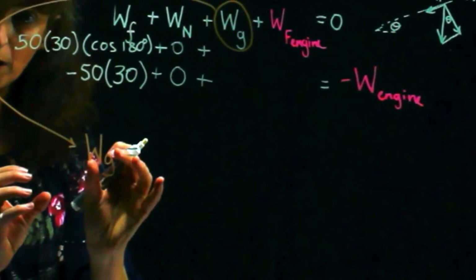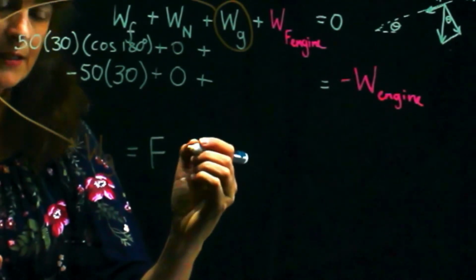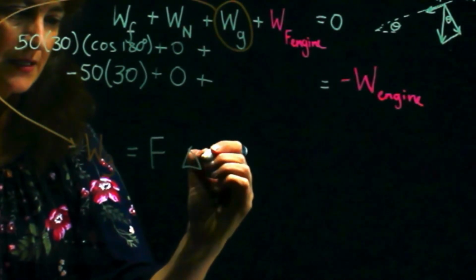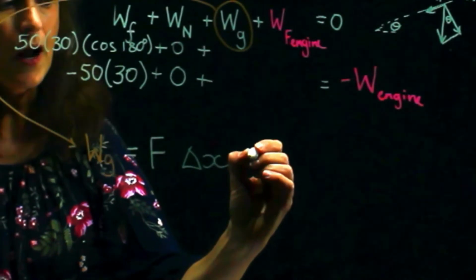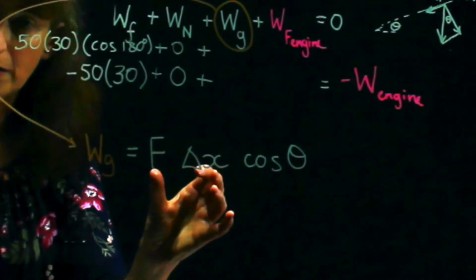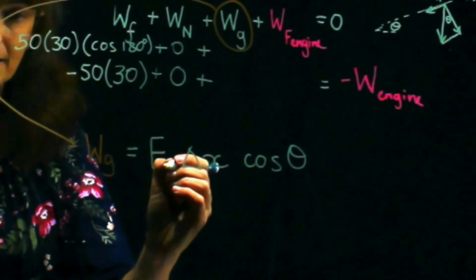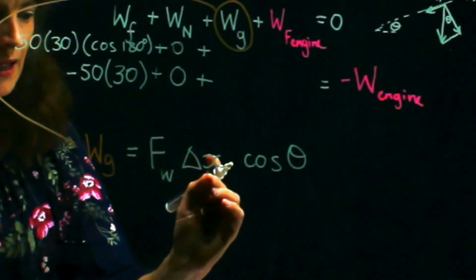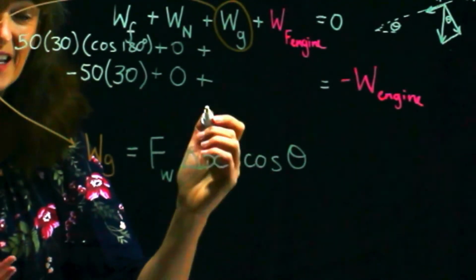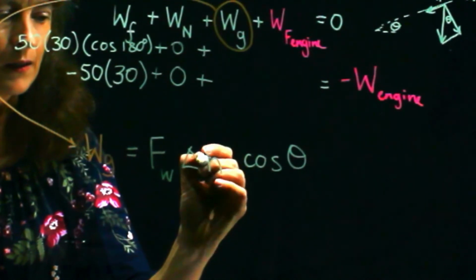Now we know that the formula of work is force times displacement and then times cos theta to factor in the influence of direction of these 2 vectors. And the force here is weight, gravitational force. And then this one here we're going to take as height rather than the path length.